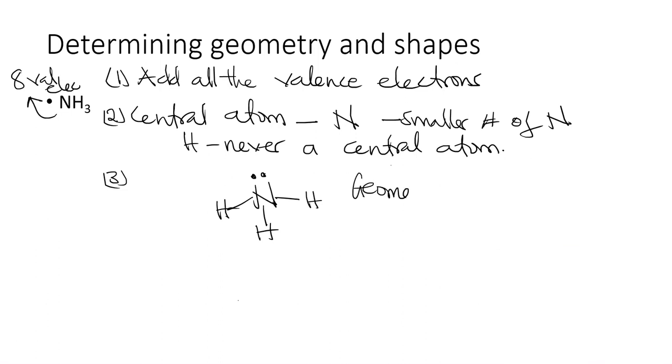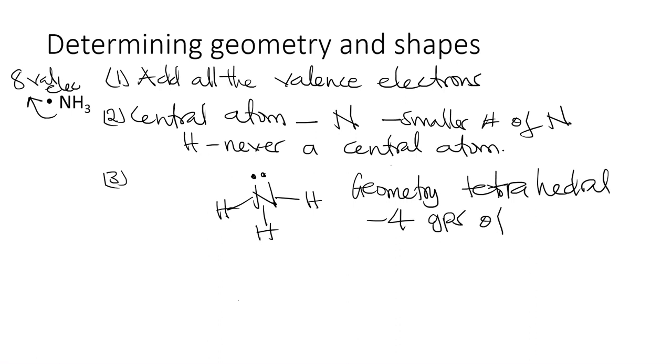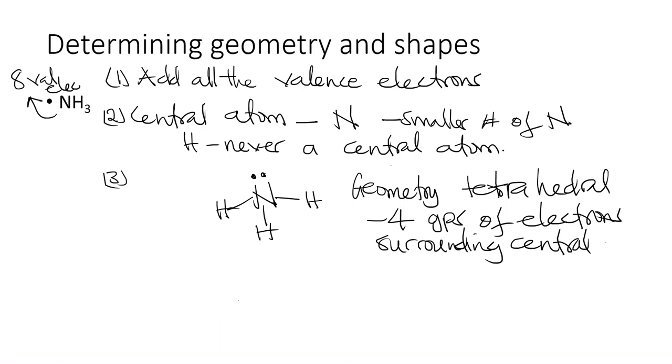So geometry is tetrahedral. So 4 groups of electrons surrounding the central atom.